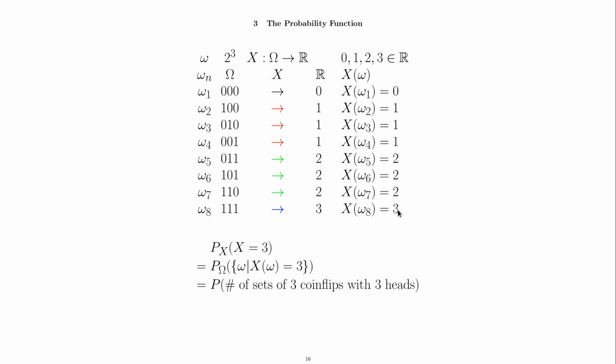So let's look over here and we see that, okay, none of these are equal to 3, but this X of omega 8 is equal to 3, which means that this is equivalent to the probability under omega of omega 8.